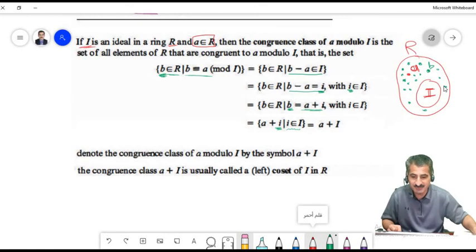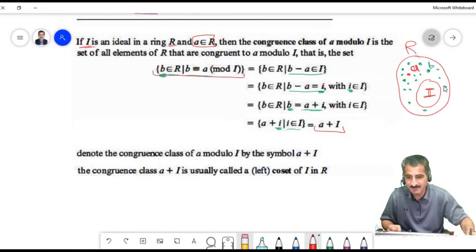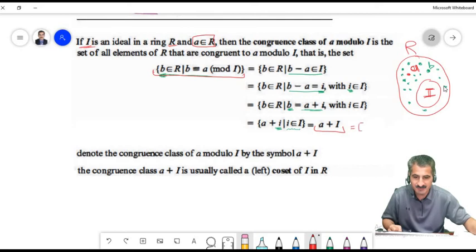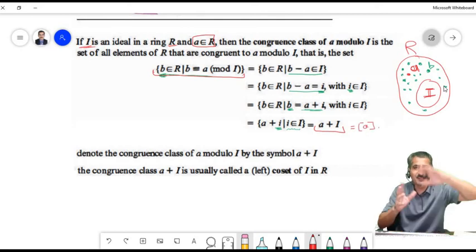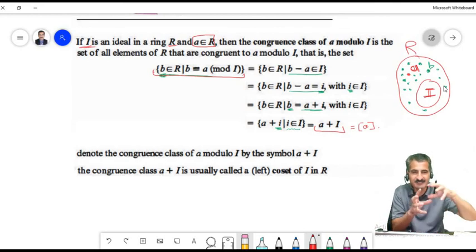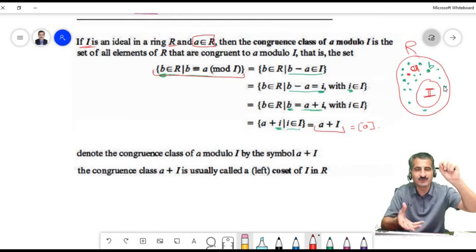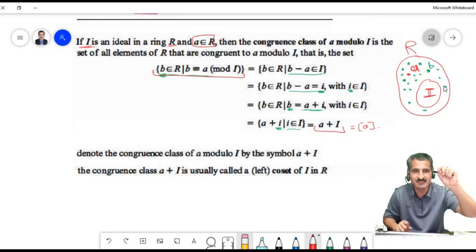So interesting. What we got is the following. If you wish, we used to call this the equivalence class of A. We have a ring and an ideal, and we picked an element A, and then we collected all elements that are congruent to A modulo I, and they came out to follow one form.